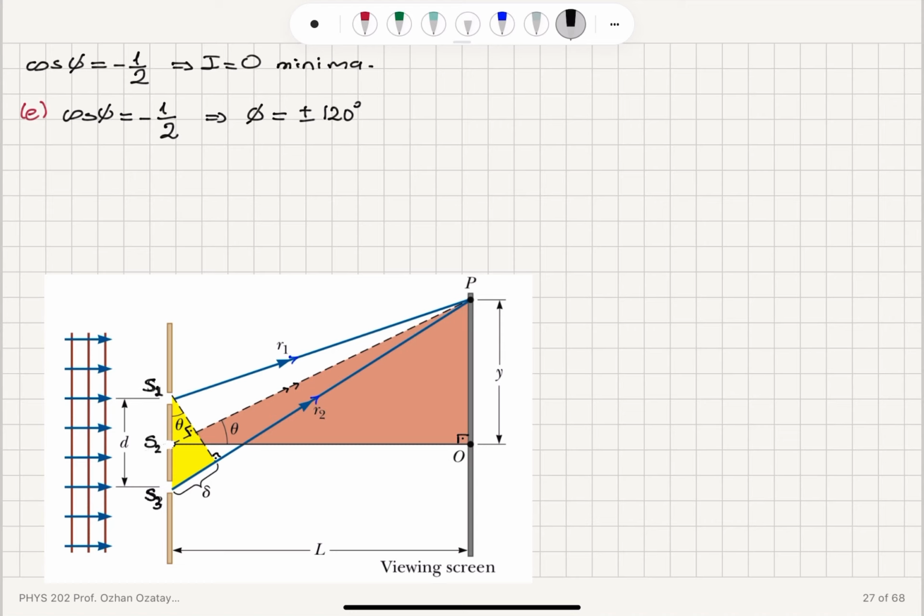So we have the cosine of 120 equal to minus 1 over 2. So those are the minimum phi values near the center.